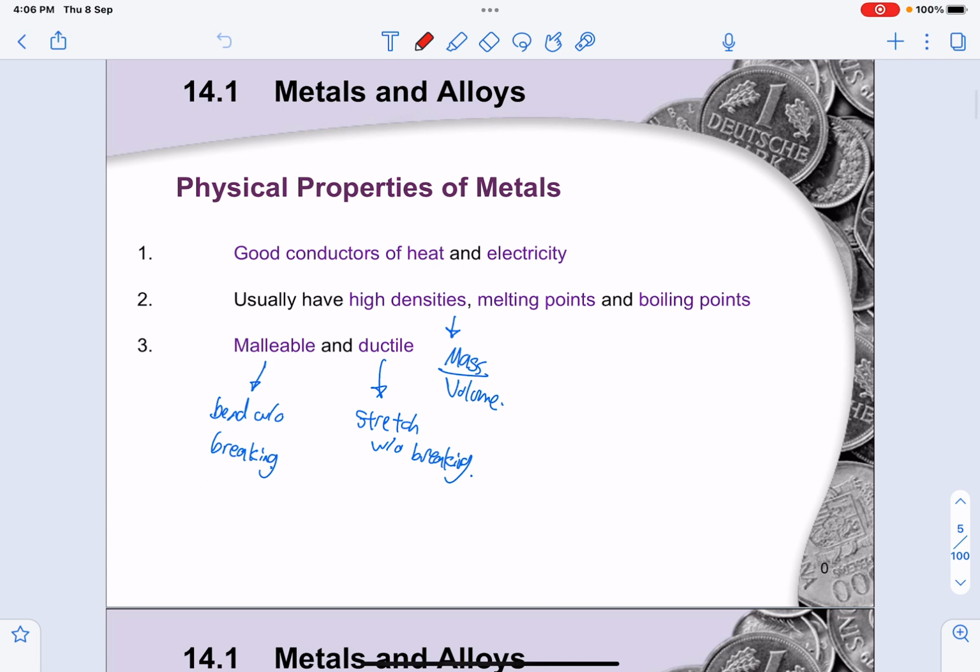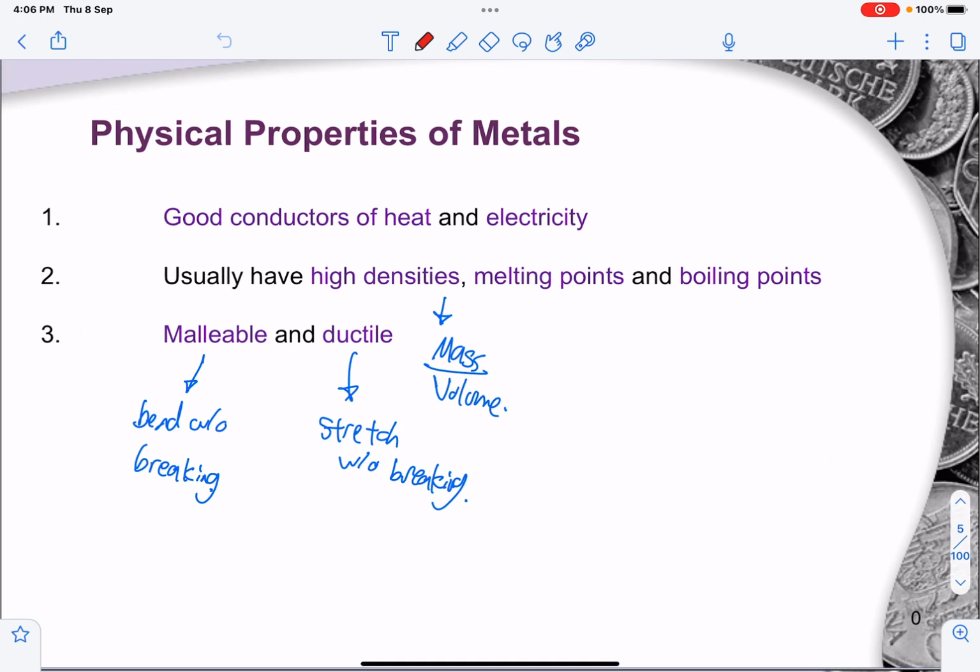So when we look at metals, we look at the physical properties of metals. Metals tend to be good conductors of heat and electricity, which means electricity is able to pass through, and at the same time current is able to pass through. The reason for this is that at the atomic level, the metal particles are surrounded by a sea of delocalized electrons that helps to carry the electrical charges.